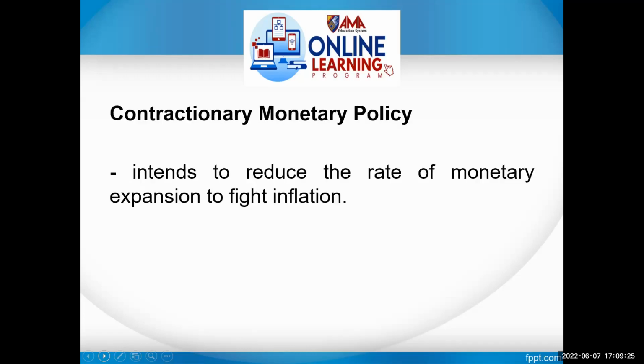So what does contractionary monetary policy mean? It is intended to reduce the rate of monetary expansion to fight inflation. The key words here are reduction of the rate of how much the money circulates, and second is the purpose, which is to fight inflation.